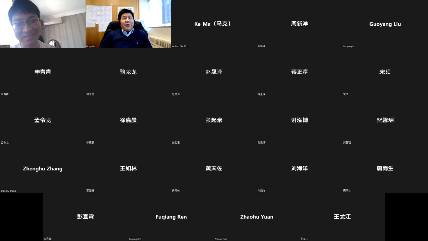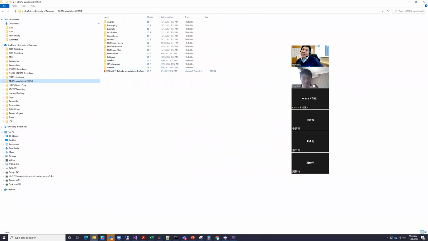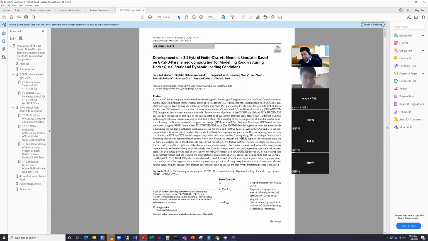Right. Actually, we did test that and we can prove it. Let me share my computer screen again to demonstrate this concept. We constructed a completely structured mesh. Let me show you one of the publications.